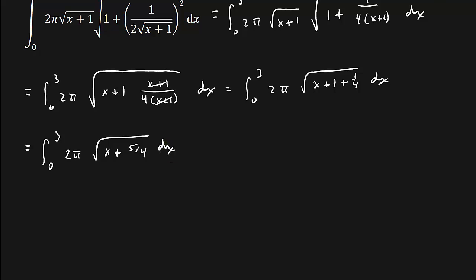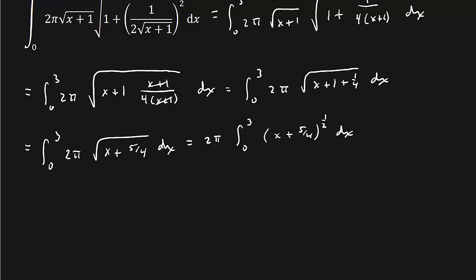All right, now you don't have to do this step, but I'm going to do it. I'm going to pull the 2 pi outside the integral. And this square root right here, I'm going to write as x plus 5/4 raised to the 1/2 dx.